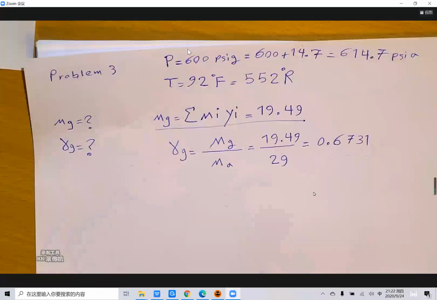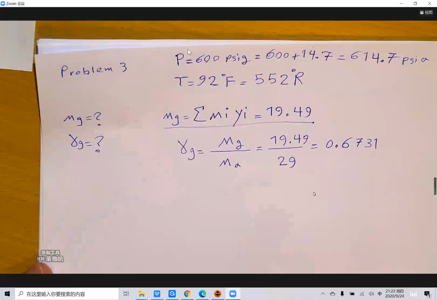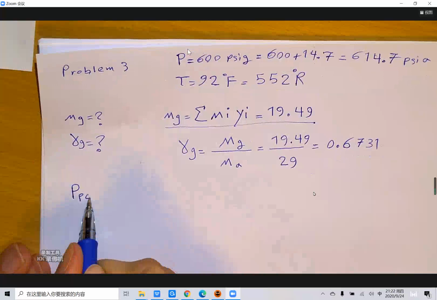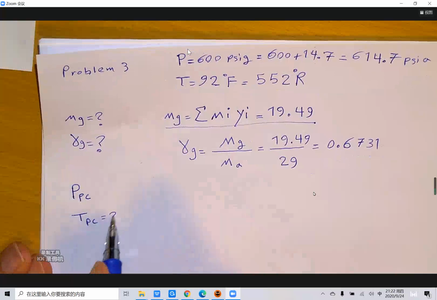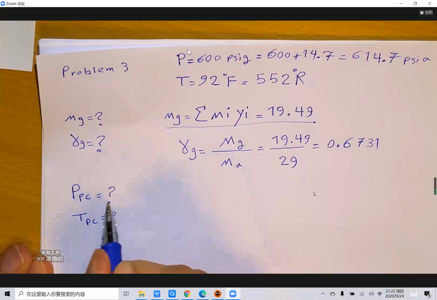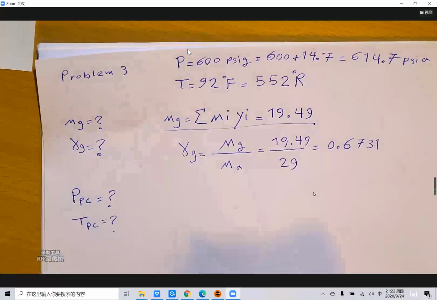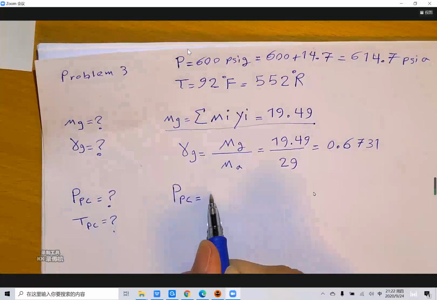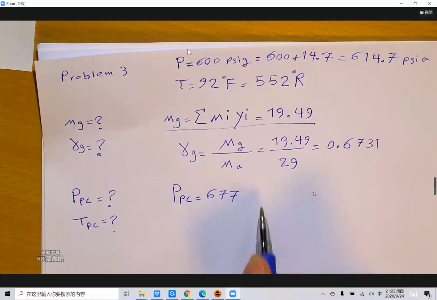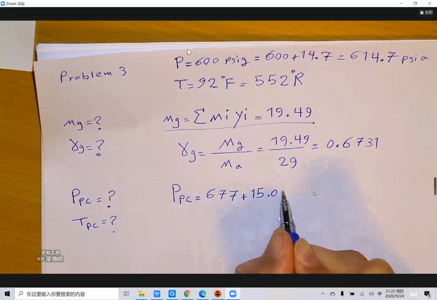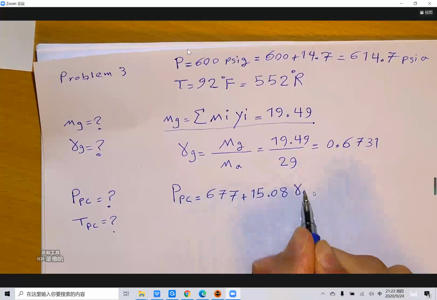Now we should find the pseudocritical pressure and the pseudocritical temperature, as the question wants. If we have the specific gravity, we can find the pseudocritical pressure by having this equation. This is the specific gravity.